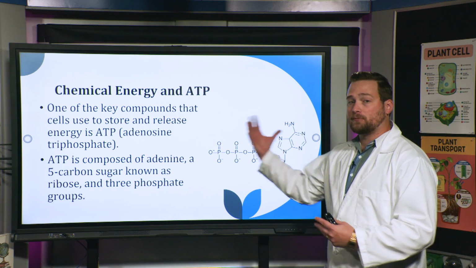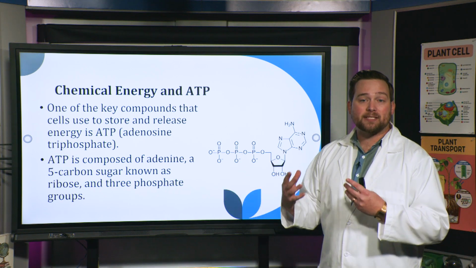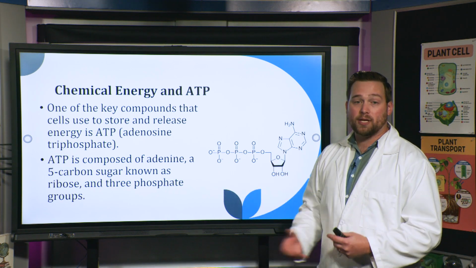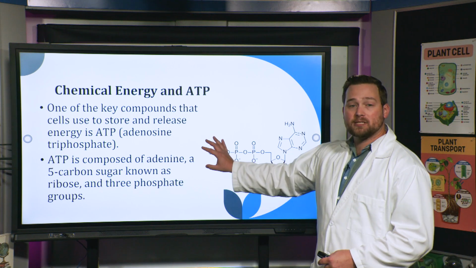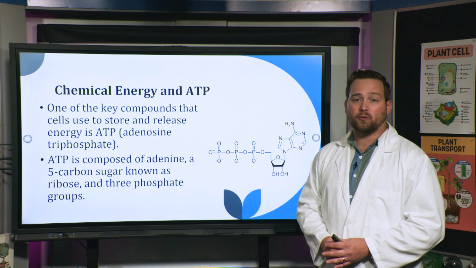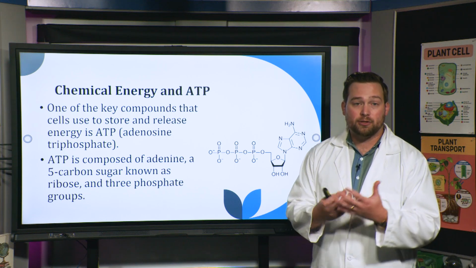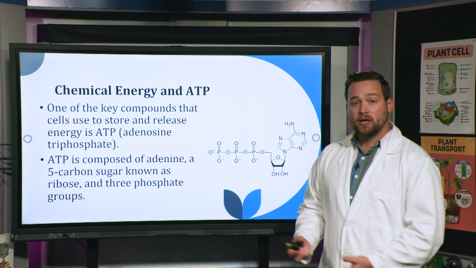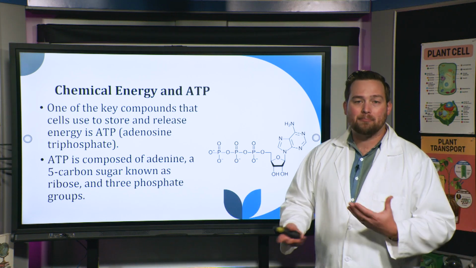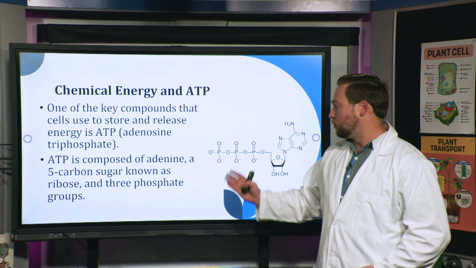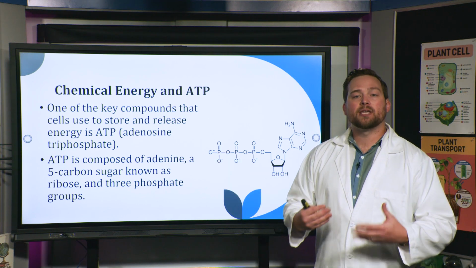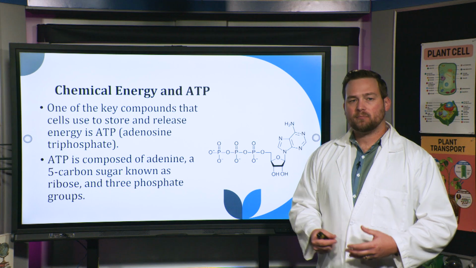Now the energy for this molecule, ATP, is actually held in the bonds between those phosphates. So what happens is if I can snap one of those phosphates off, it's going to release a little bit of energy, and we can use that energy to do all of these important things. So an ATP molecule is kind of like a battery, and when that battery's full, when it's got three phosphates, we can use it as energy, okay?